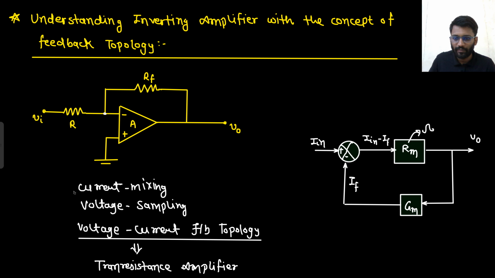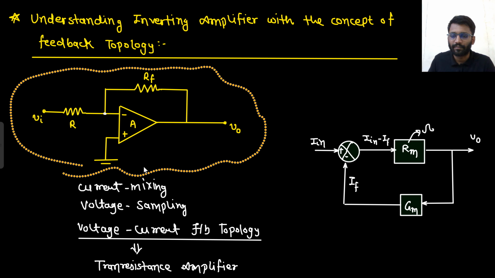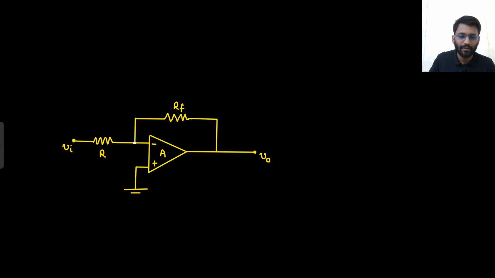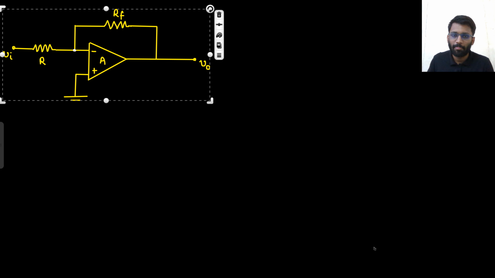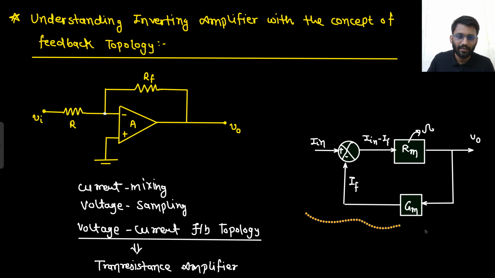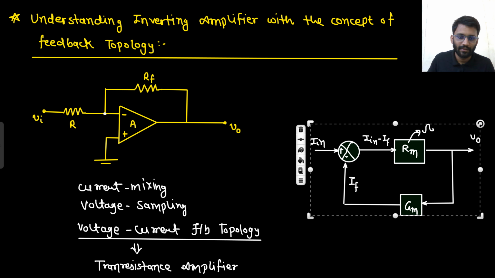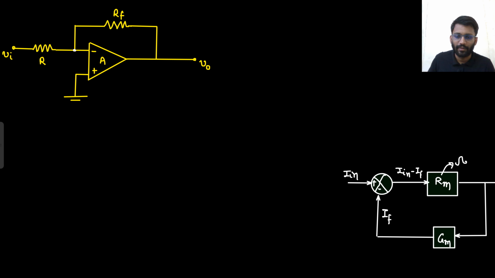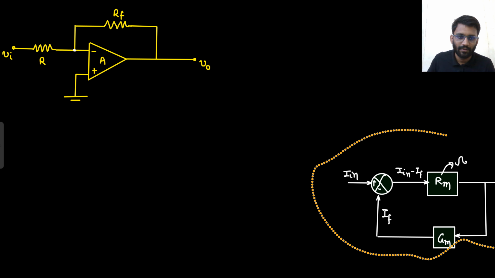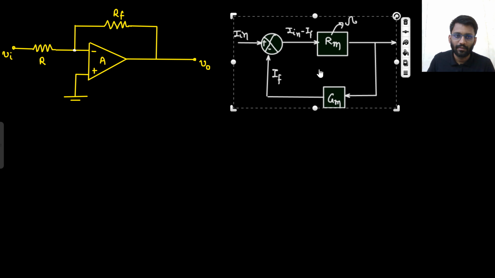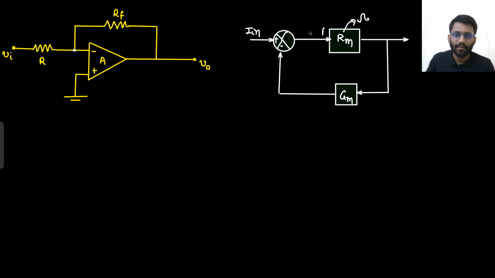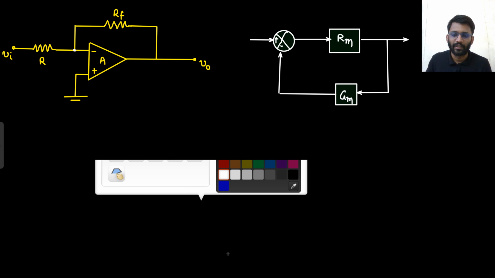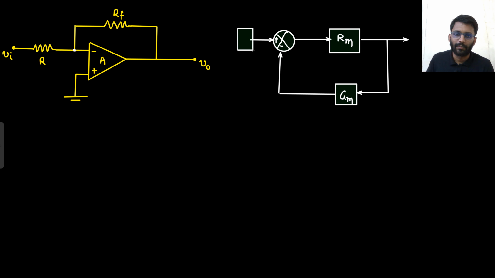What I will do, this particular configuration is represented like this. Copy and paste. And to make it, I will remove all those things. I will remove this one as well.